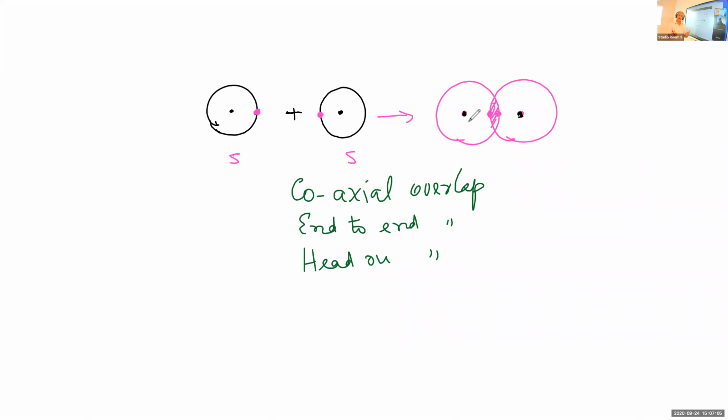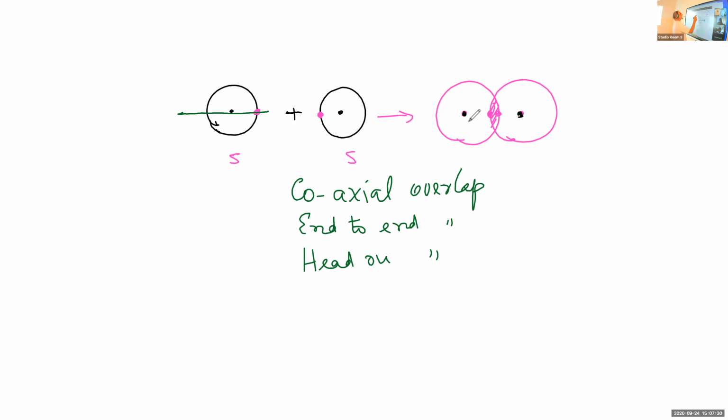What is meant by coaxial overlapping? You consider an axis, a line passing through the center of the orbital. Suppose here, this is the axis of the s orbital of atom number 1.